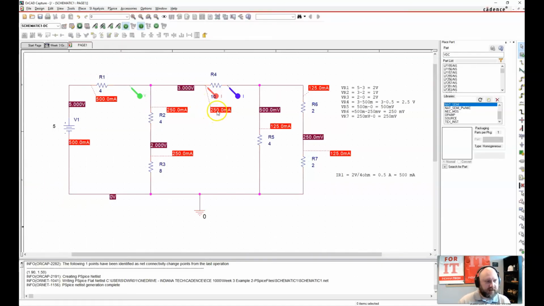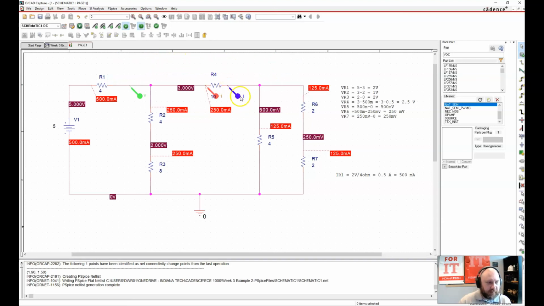Because that's what it says here. And it has to do with the direction. So if we're looking at this probe here, and this number, 250 milliamps, that's the current flowing from the left side of R4 to the right side. And that's positive. So that means there's a positive current going from left to right.